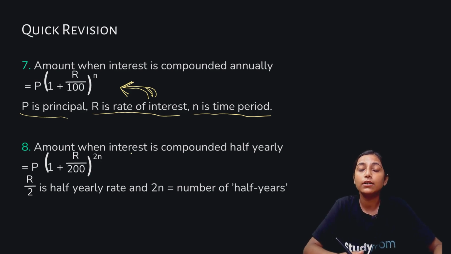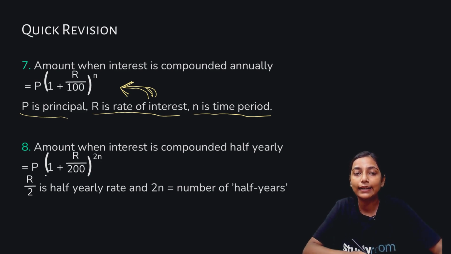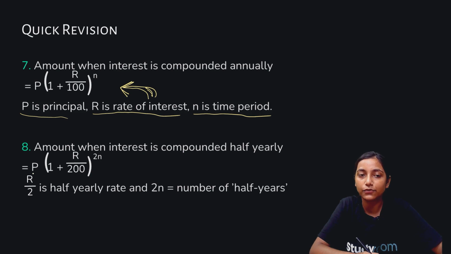Next we learned was the amount. How do we find the amount when interest is compounded half yearly? Then in that case, the amount is given by this formula P into 1 plus R by 200, in this case it is 200 in the place of 100, into this whole bracket raised to power 2n. In the place of n, this time it is 2n.